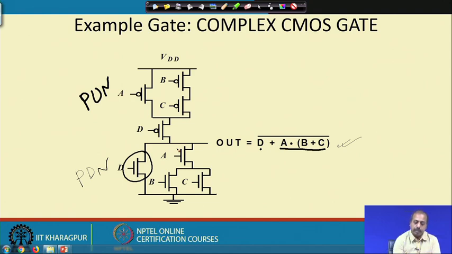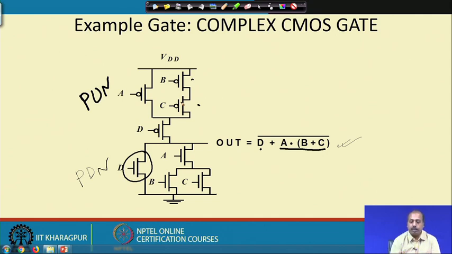If you look at the example, D is in parallel with this part in the pull down network. So, in the pull up network D will be in series with the remaining part. Similarly, B and C are in parallel in the pull down network, so in the pull up network they are in series. Similarly, A is in series with the B and C portion in the pull up network, whereas in the pull down network A is in series with the B and C portion in parallel.